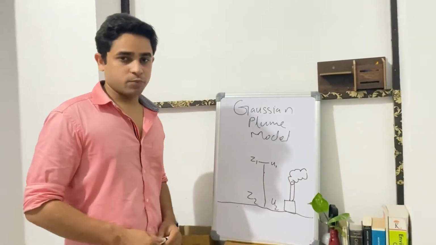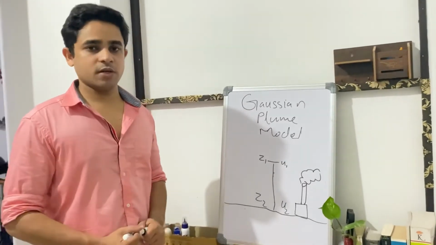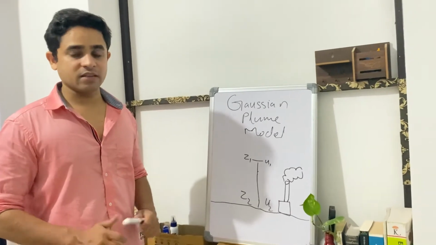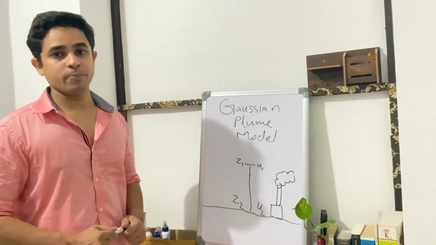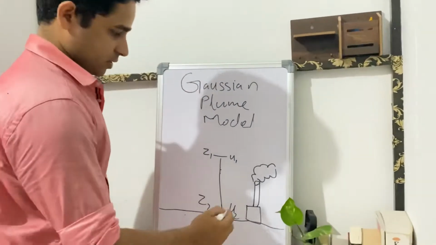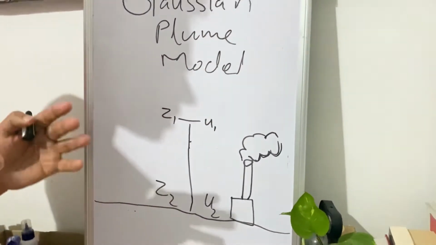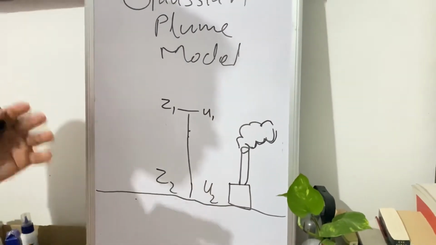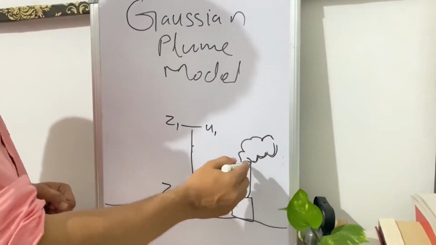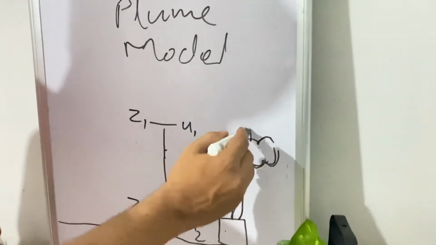We will start with Gaussian plume model. Gaussian plume model is used to determine the direction, speed and the dispersion of a plume. What is a plume? Plume is nothing but the smoke, the concentration of smoke that is coming out of an industry. Consider this as the factory and this is the chimney, okay, and the gas coming out of it is called plume.